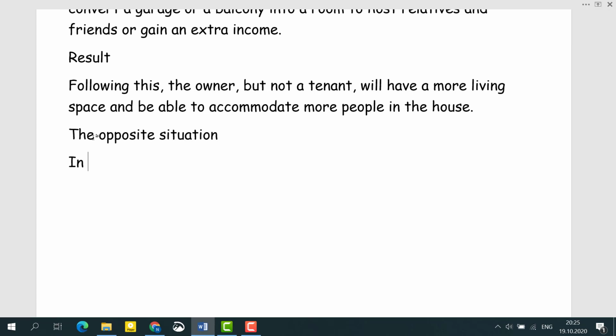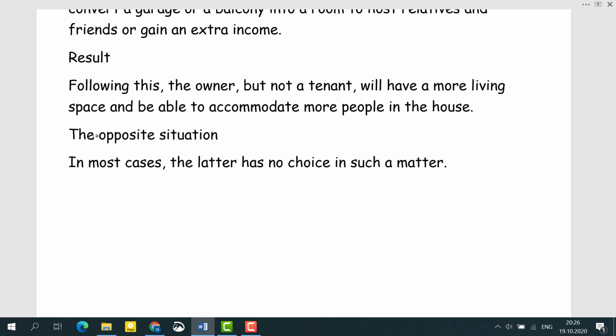In most cases, the latter has no choice in such a matter.